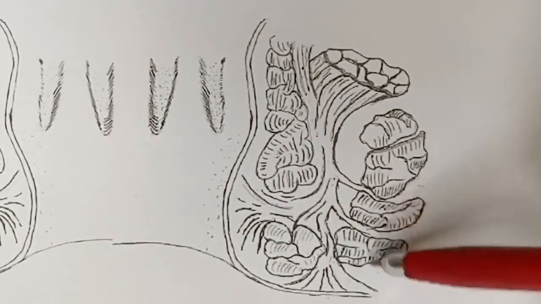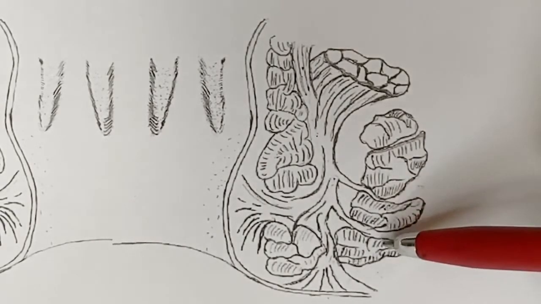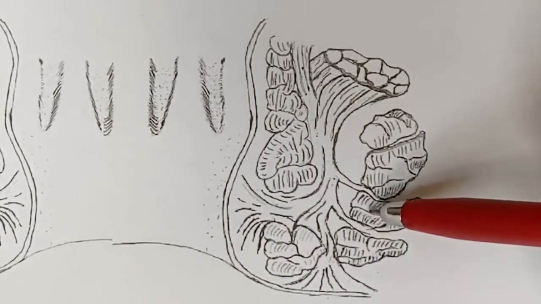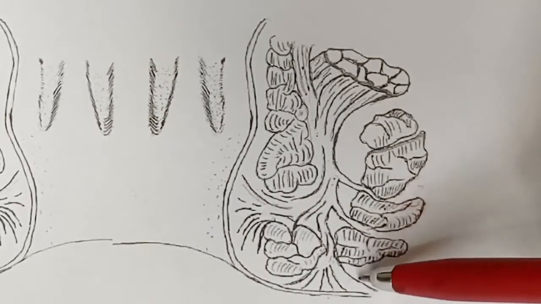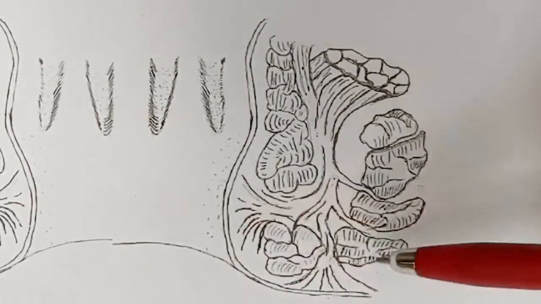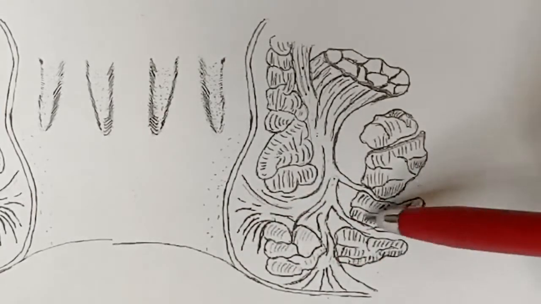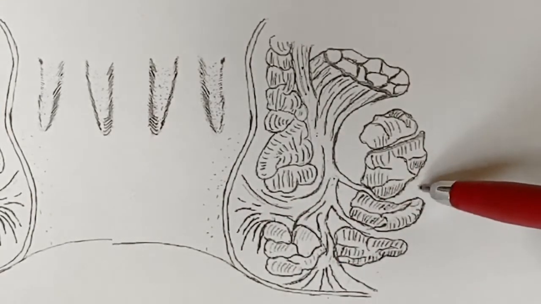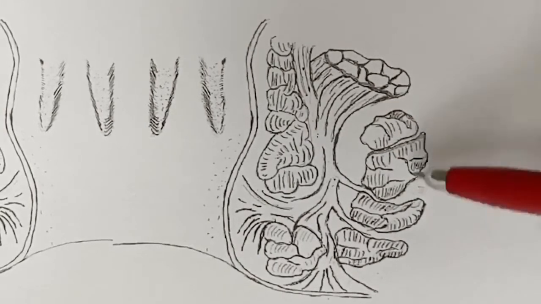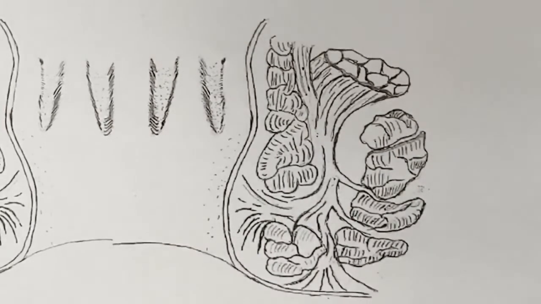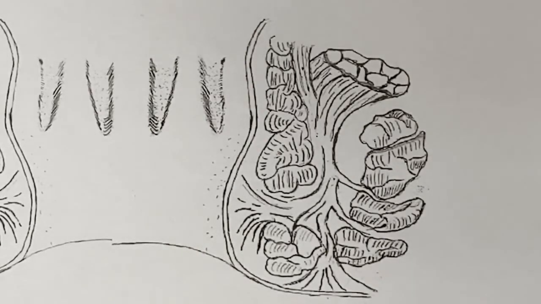Before the superficial external sphincter is the superficial post-anal space, and after the superficial external sphincter is the deep post-anal space. So these are the ischiorectal space, perianal space, and the rest of the small spaces in and around the anal canal. So this is all about the spaces around the anal canal.